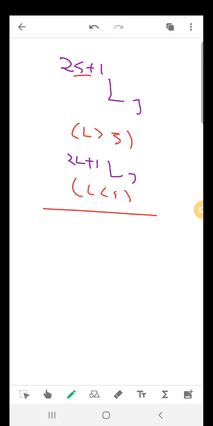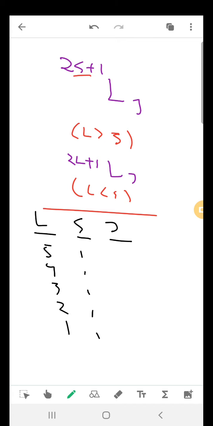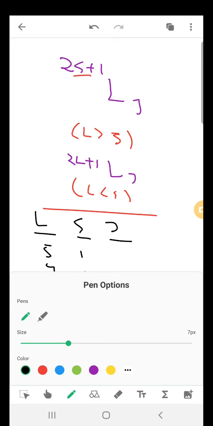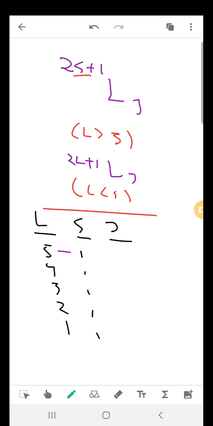Reading the previous problem, we will have L values as 5, 4, 3, 2, 1, and we will take first the S value as 1. The J values will be the vectorial addition of these two. So 5 plus 1 is 6, and 5 minus 1 is 4, so all the integers in between: 6, 5, 4.